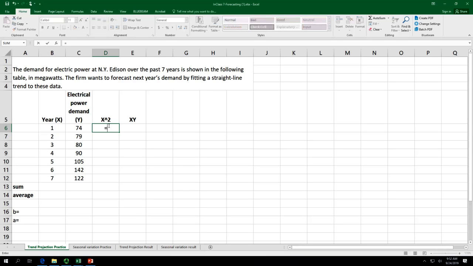So let's do this, x and x squared. x squared means x times x, right? And for xy, x times y, this column, simply put these two together over here.